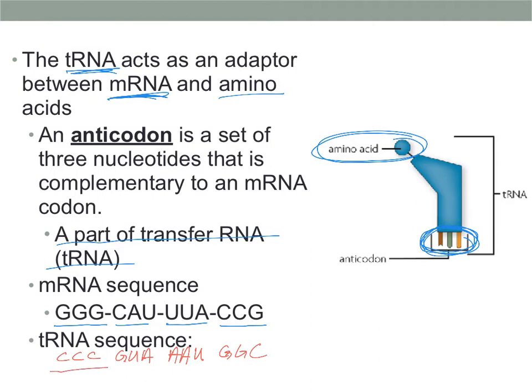These guys would be the RNA complement to the messenger RNA. These would be codons. These would be anticodons. Codons are on messenger RNA. Anticodons are on transfer RNA.